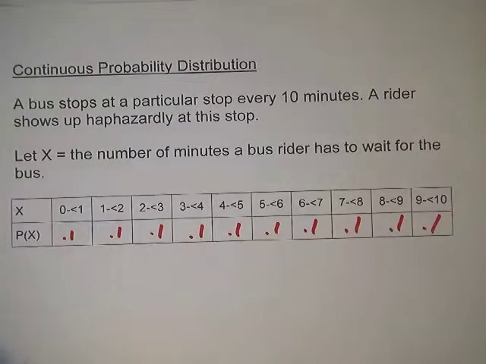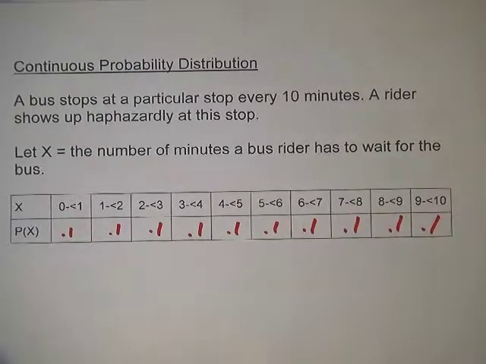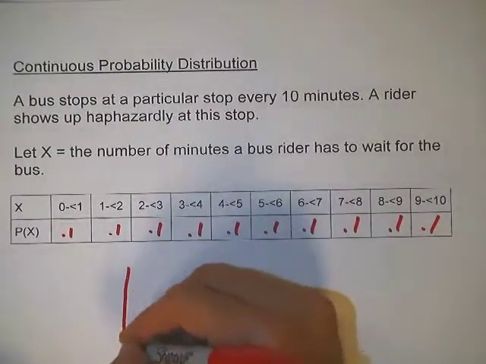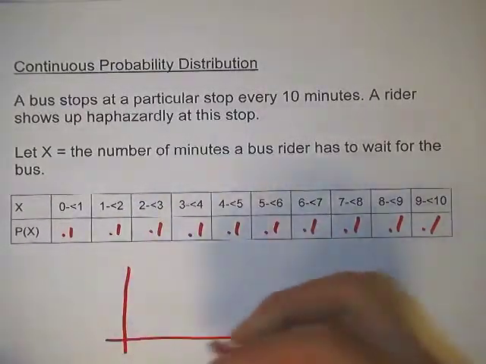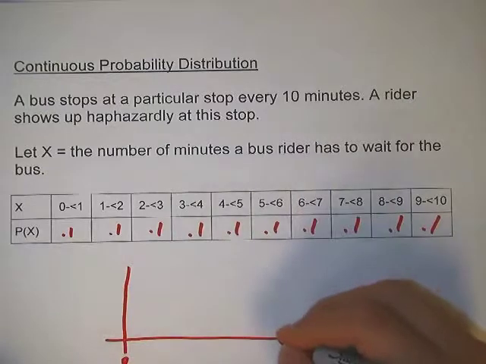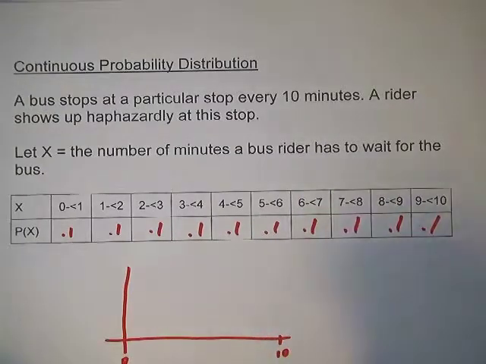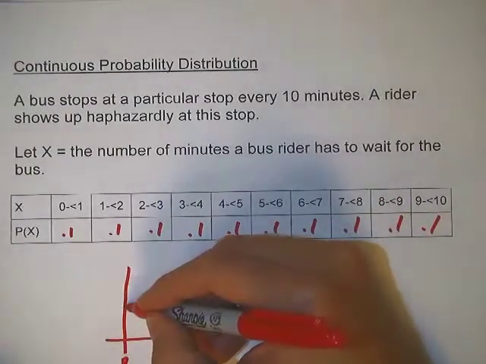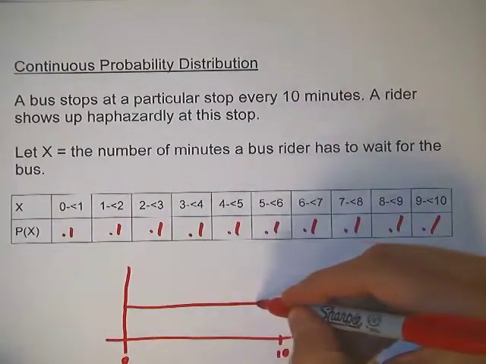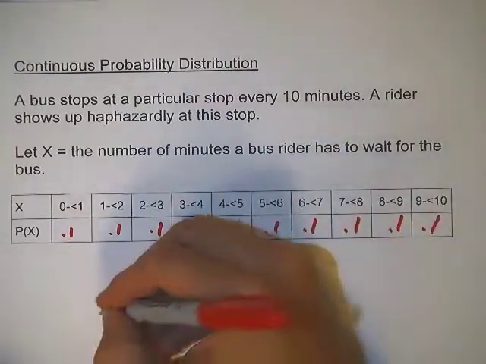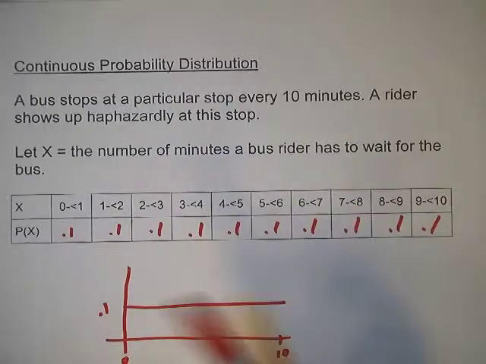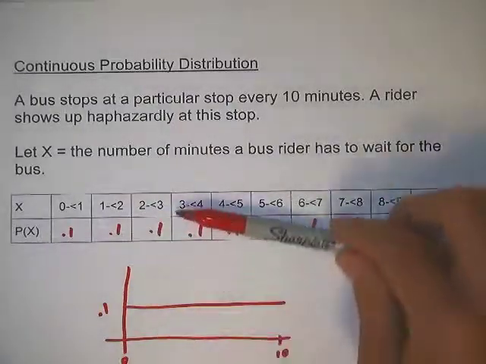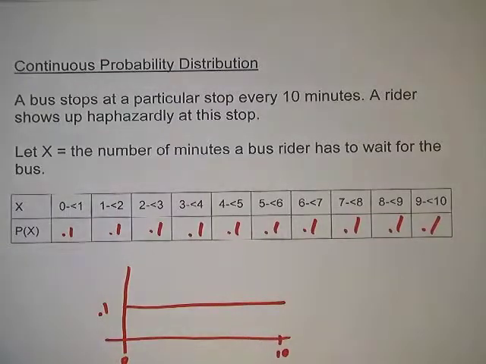If we were thinking about how to graph this, on my probability distribution I'd have 0 to 10, and really this is just going to be a straight line from 0 to 10 where it simply goes up to 0.1. Both of these are ways of drawing a probability distribution for a continuous random variable.